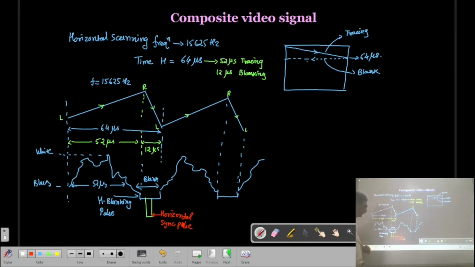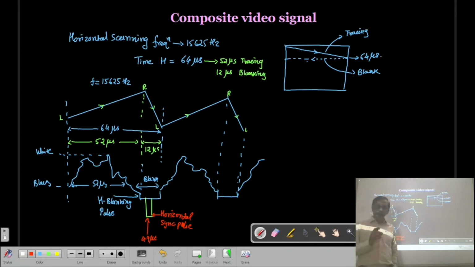This sync pulse is of 4.9 microseconds. Remember, out of the 12 microseconds, we are utilizing this 4.9 microseconds to add a horizontal sync pulse. So the line is going to be synchronized.